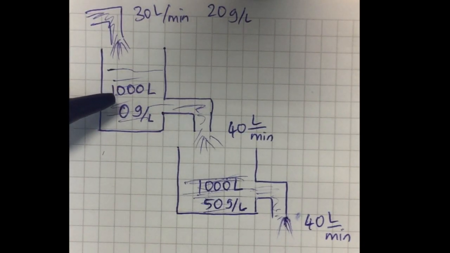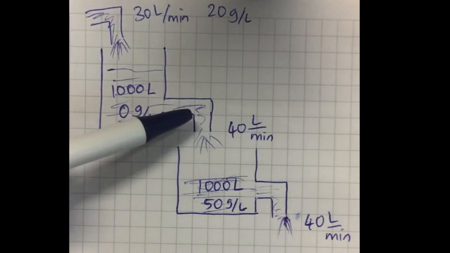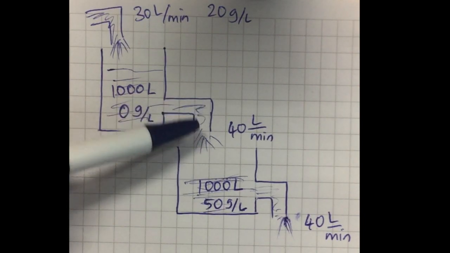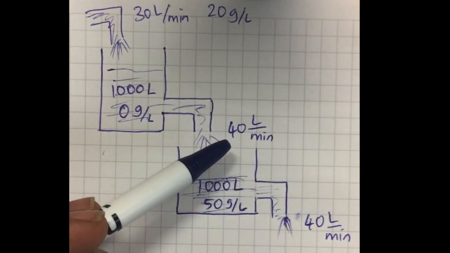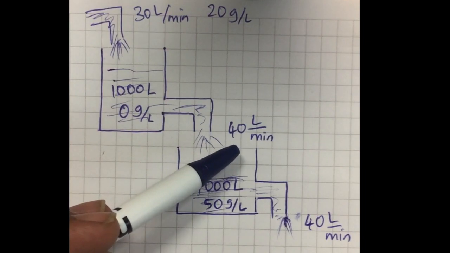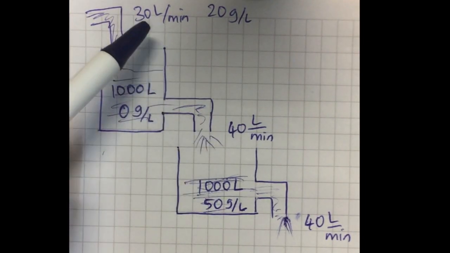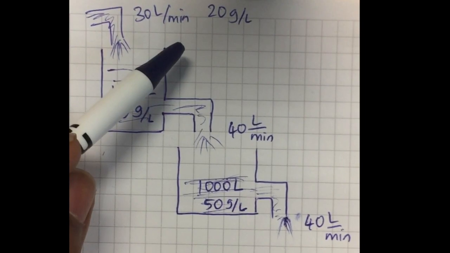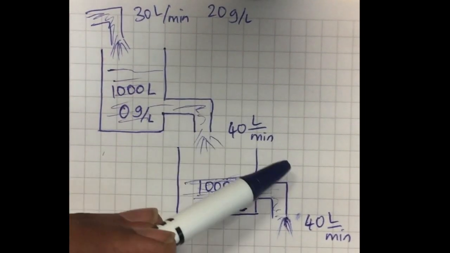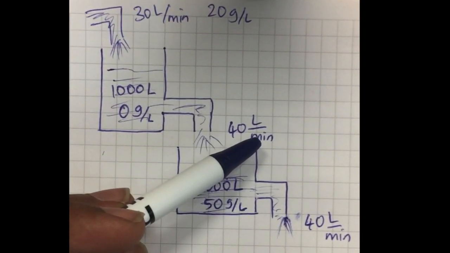Do you think the volume is going to change? Yes, because if you look at the draining tap, you can see that it goes out at 40 liters per minute. So if you think about it, the salt water comes in at 30 liters per minute, but it exits at 40 liters per minute.